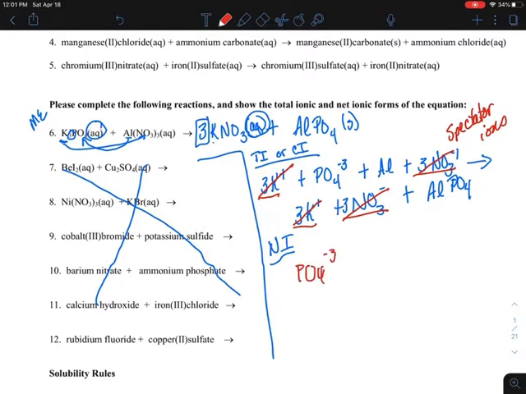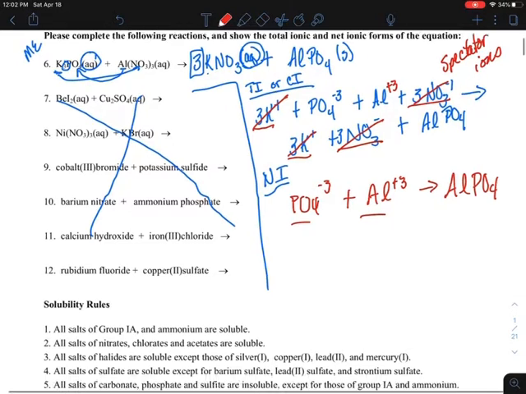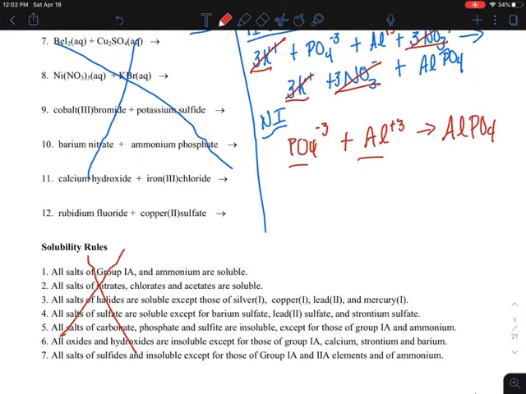Then we have just our phosphate and our aluminum ions, and they form aluminum phosphate. And so that is our net ionic equation. These are the only ions that do anything. They go from being free ions in solution to reacting with each other, forming a compound, aluminum phosphate, which is insoluble.